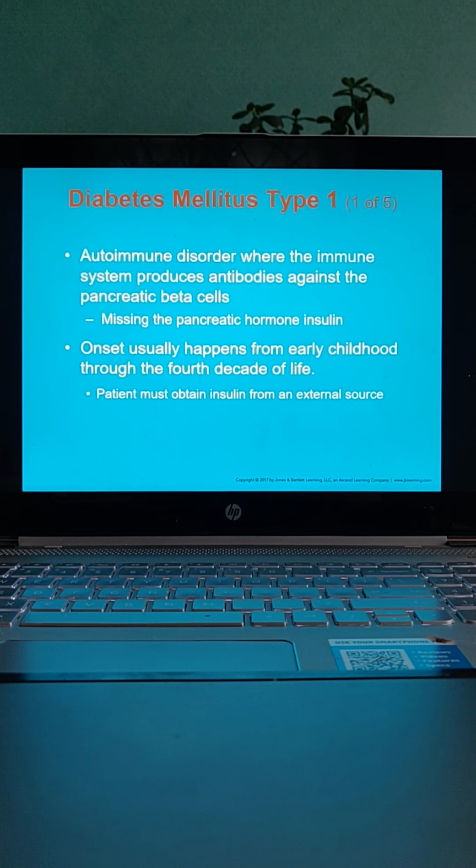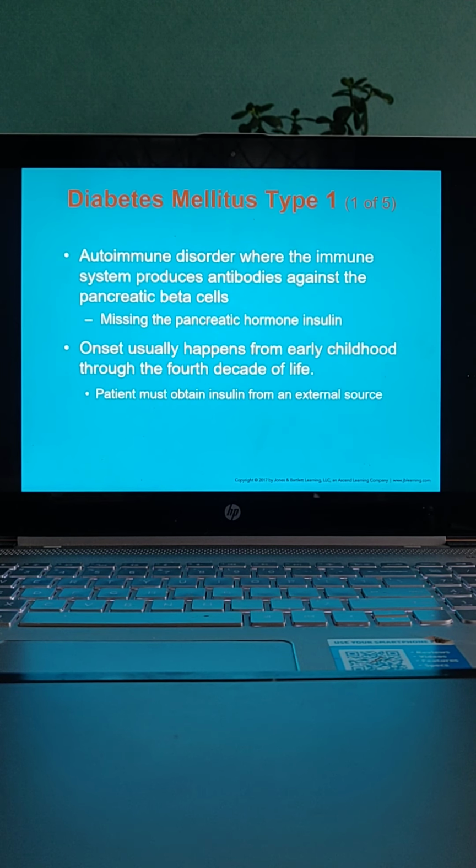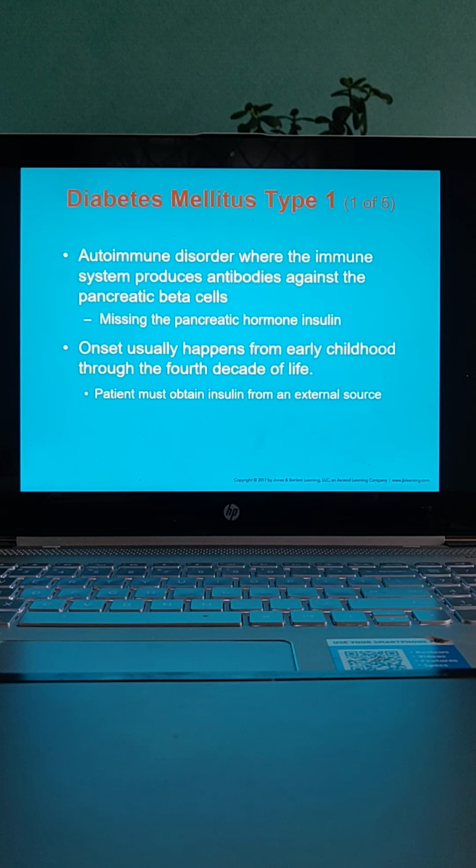The pancreas has a little production area that takes 1 or 2% of the pancreas, and it has islets of Langerhans. Those islets, I-S-L-E-T-S, islets, produce alpha cells and beta cells. The alpha cells produce the glucagon, and the beta cells produce the insulin.